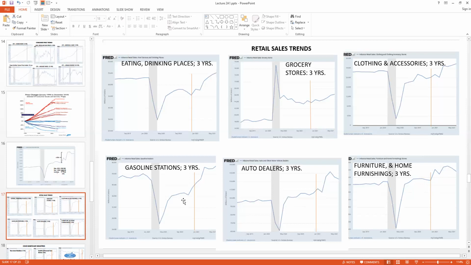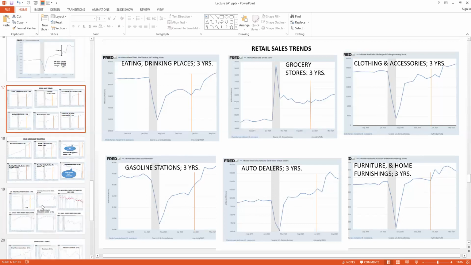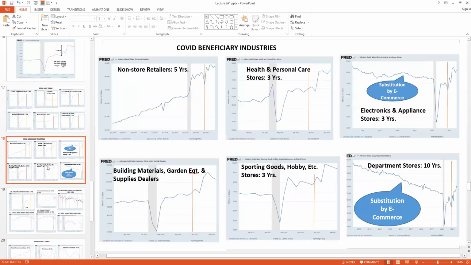So we got basically a picture where 2020 was pretty rough in a lot of industries, such as eating and drinking, gasoline stations, clothing stores, and so forth. But certainly there has been significant improvement.